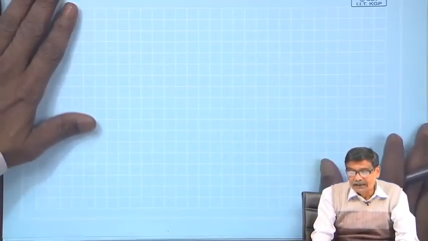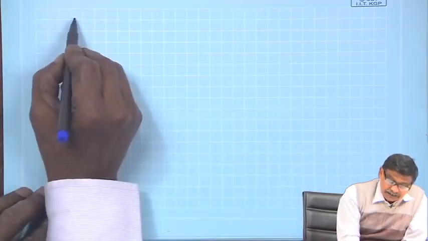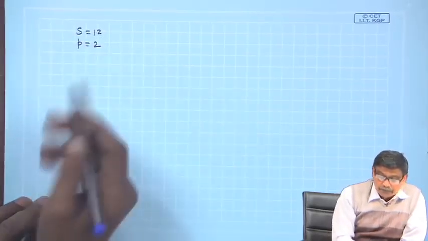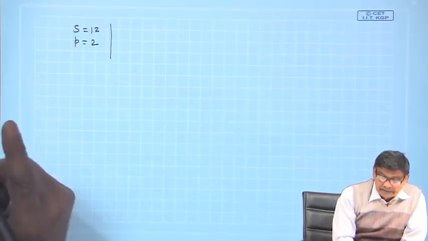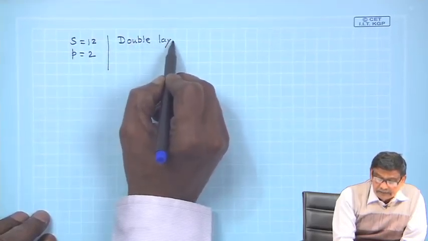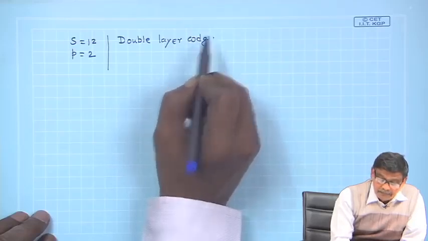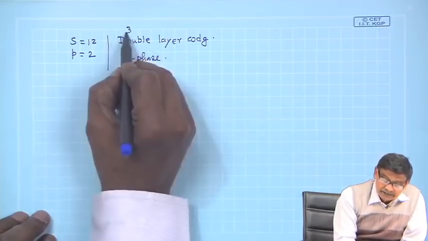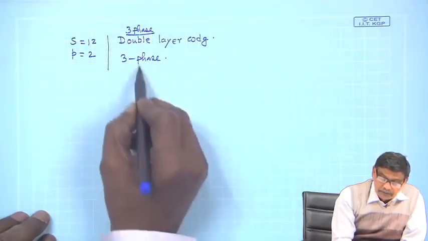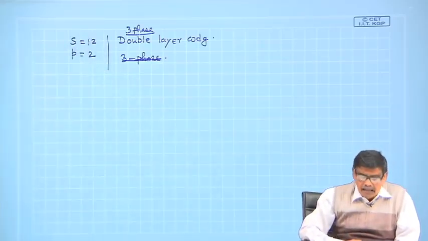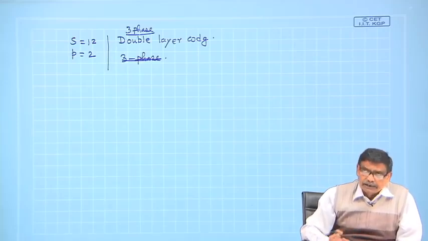Then I will add another term. Suppose with this specification, S equal to 12, P, number of poles, equal to 2, and I want to make a double layer winding, and that is a 3-phase winding, because that is the most popular thing. 3-phase windings are balanced windings.